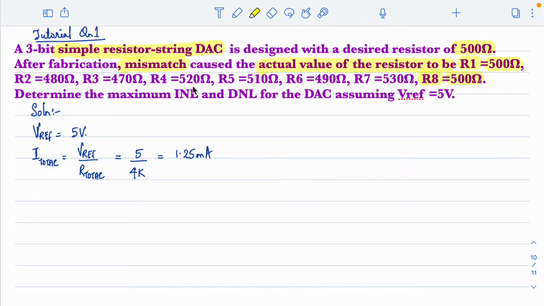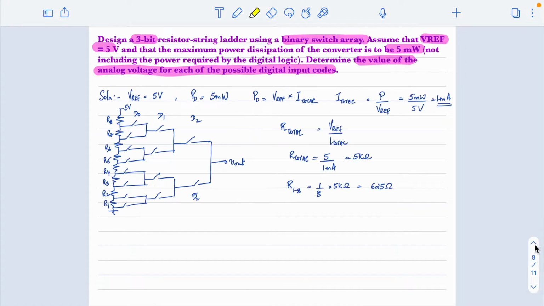Now, due to this mismatch, definitely when we tap voltage from every resistor point, the actual voltage will be different from the voltage we are expecting, right? So now we know the circuit, but let me just bring the circuit over here.